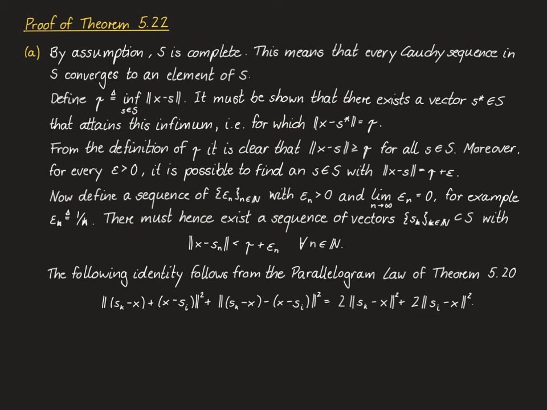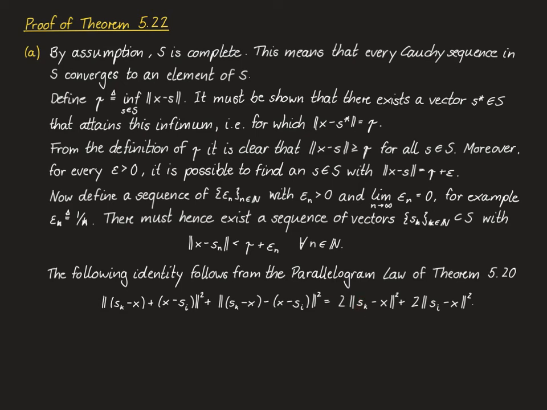The following identity follows from the parallelogram law of Theorem 520, as you can quickly verify for yourself. You take the squared norm of the sum of two vectors plus the squared norm of the difference between these two vectors, and this equals 2 times the squared norm of the first vector plus 2 times the squared norm of the second vector.